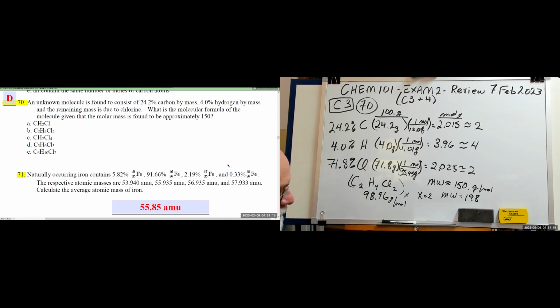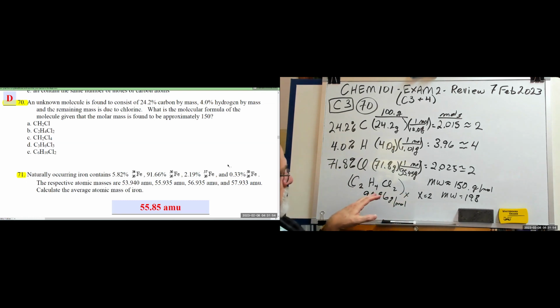Divide that by 35.45, that's about 2. Okay, so this is right. 242 is the empirical formula. Let me see if I added those up right. Okay. And hydrogen. And then 35.45 times 2 plus, 96. That's right. Okay.